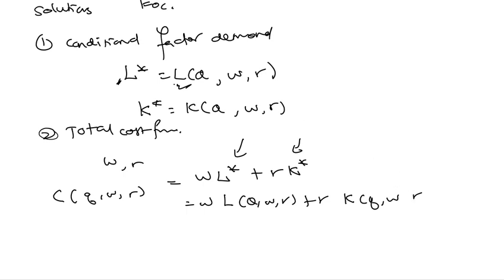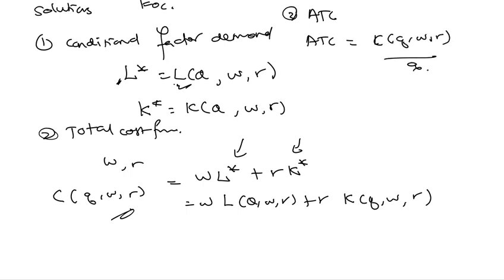Okay, right. Now, the next thing that is also very important, average total cost. Now, average total cost is total cost divided by quantity of output. The total cost is this, okay, the one that we found after the cost minimization problem, divided by quantity.